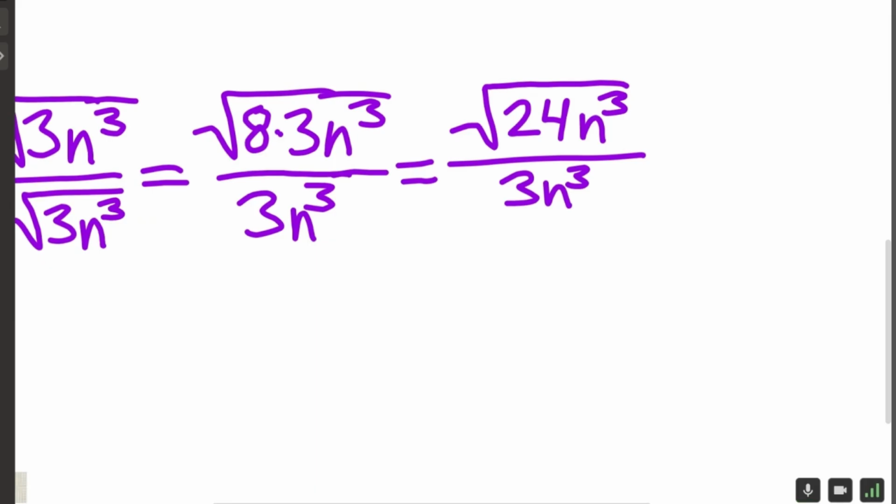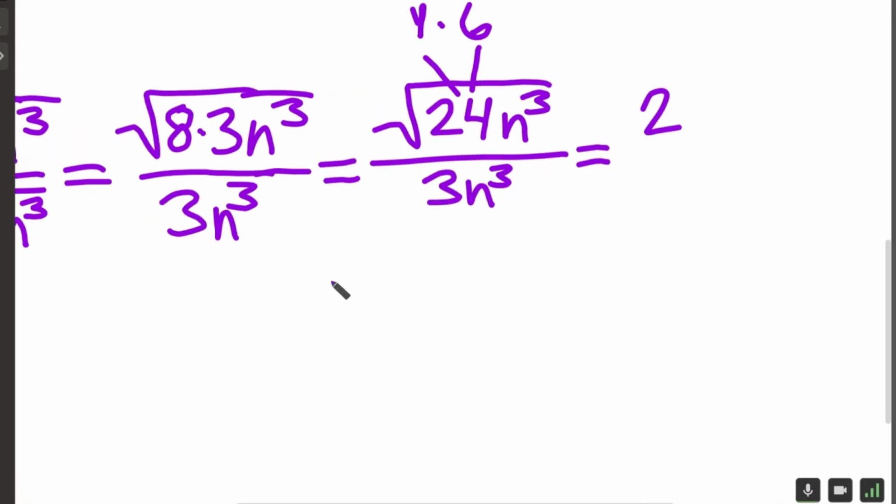We have a square root. Do we have anything in here that we can take out? Well, 24 breaks down into what? 4 times 6. Square root of 4. What's that? That'd be 2. We could take out a 2. Square root of 6. That's 2 times 3. Those are 2 prime numbers, so there's nothing that's doubled there. So the 6 remains under the square root.